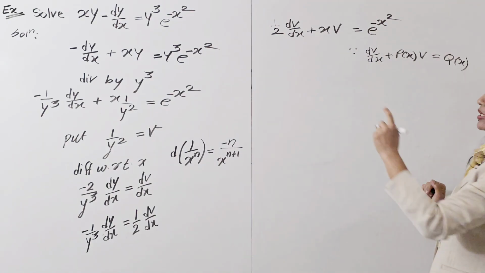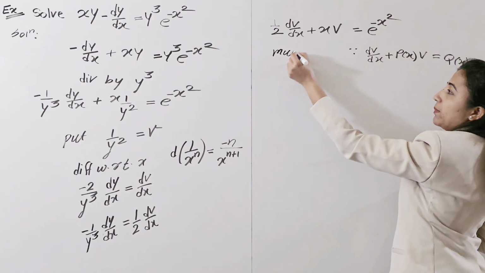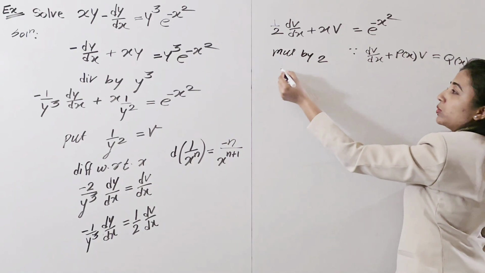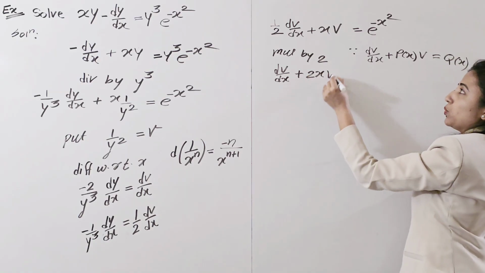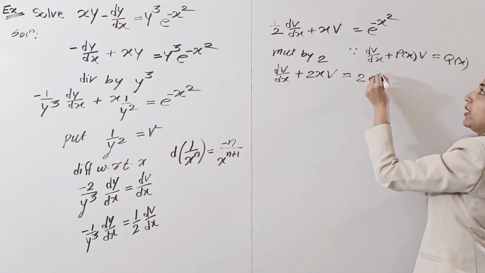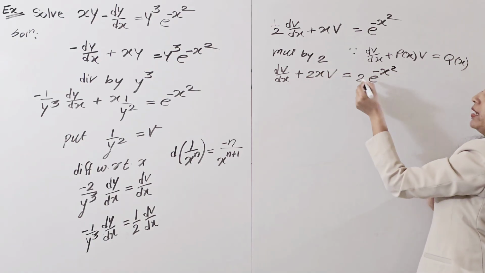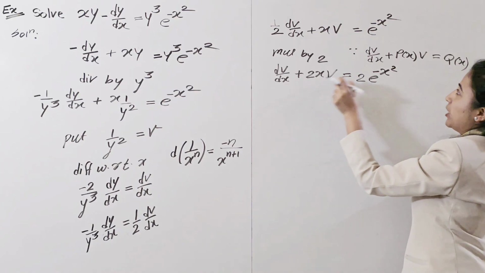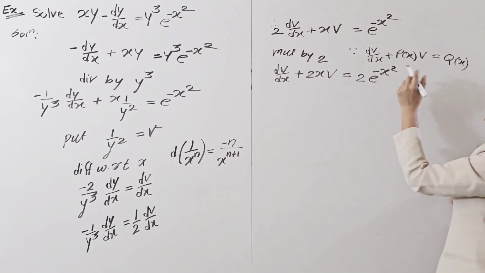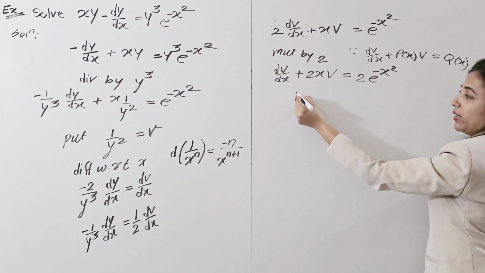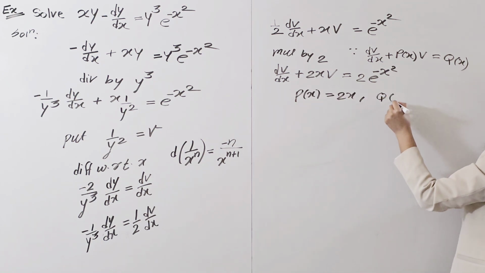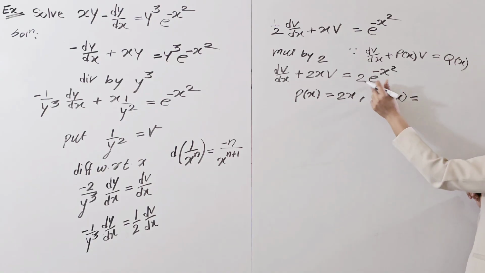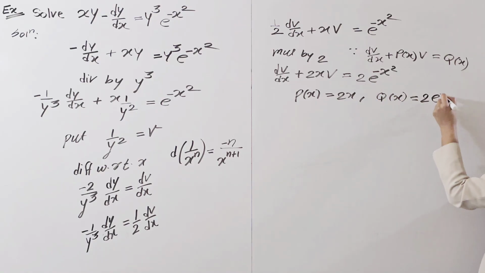So you will get dv by dx plus 2x into v equal to 2 e power minus x square. Now compare this differential equation with the standard form: the coefficient of v is called p, so p of x is 2x, and the right side term, a function of x, is called q, so it is 2 e power minus x square.